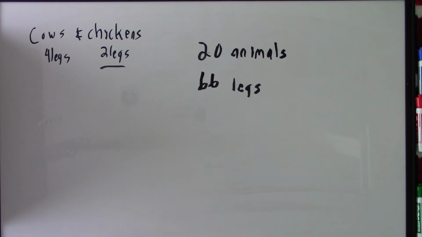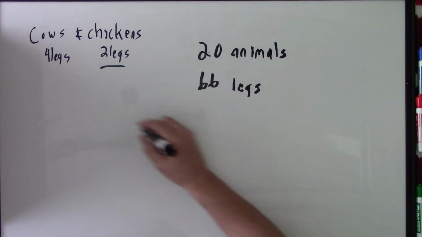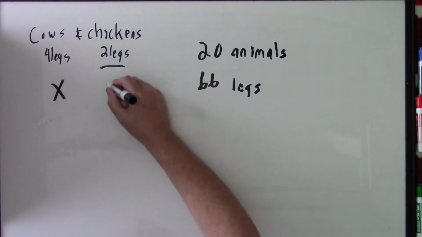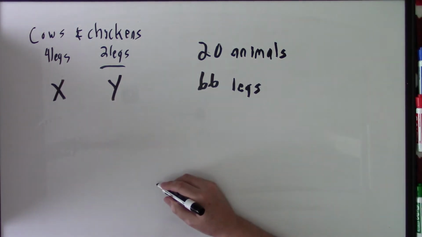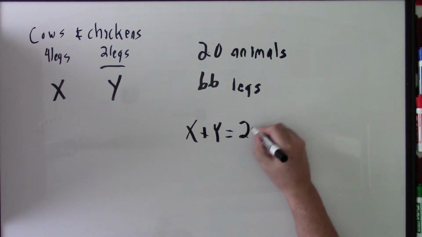So there are a couple of different ways, actually 3 different ways that we're going to look at solving this problem. So we're going to use the most advanced method. We're going to use algebra, and then we'll go down to easier methods. So with algebra, if I make cows x and chickens y, then x plus y is equal to 20.